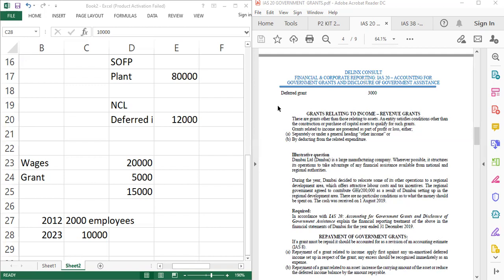Required: in accordance with IAS 20, Accounting for Government Grants and Disclosure of Government Assistance, explain the financial reporting treatment of the above in the financial statements of D for the year ended 31st December 2019.